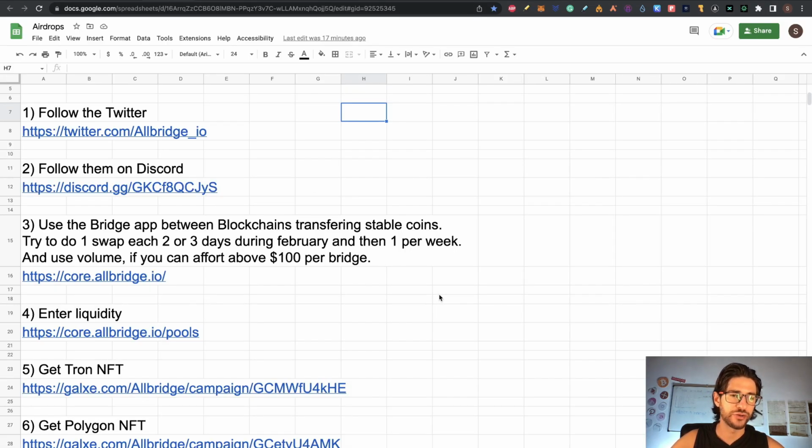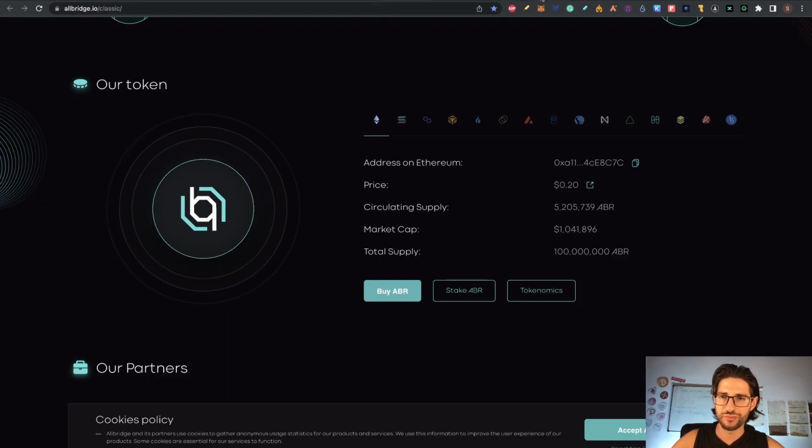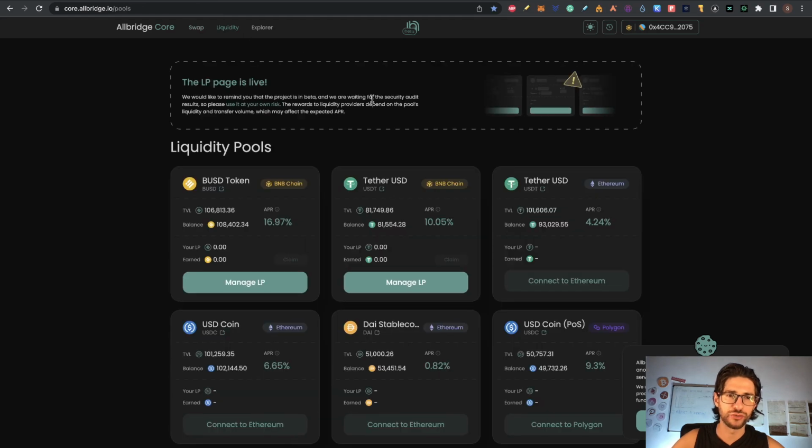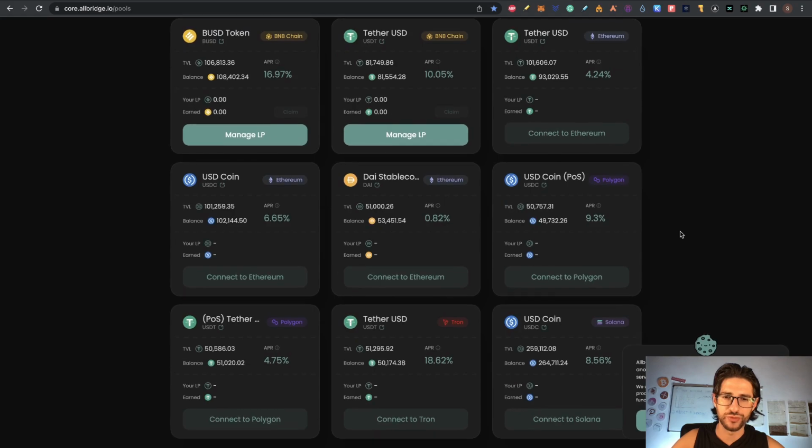The step 4 is enter into a liquidity pool. So I really think that if they launch an airdrop, you need to have been putting in the liquidity pool. They mention in many of the documents on Medium how proud they are about the liquidity pools. So go here into liquidity and enter some money into some of the liquidity pools that you can.